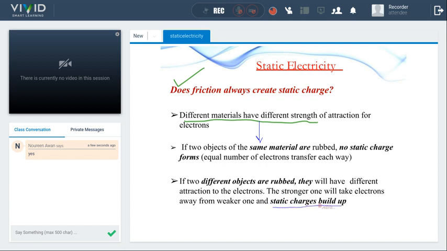That is the concept of static charge build-up, because one gets a positive charge and the other gets a negative charge, so there are attraction forces between them.